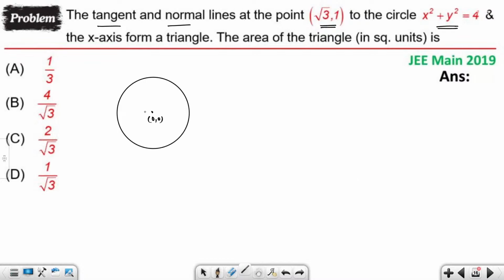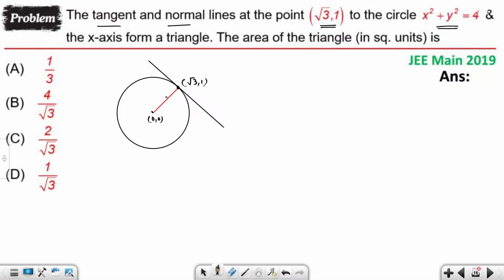This is the line, and let us say I have drawn a tangent over here. So if it is a tangent, this is the point of contact, and this point is nothing but root 3, 1. We can easily see that root 3, 1 is lying on the circle, right? Because it is satisfying.